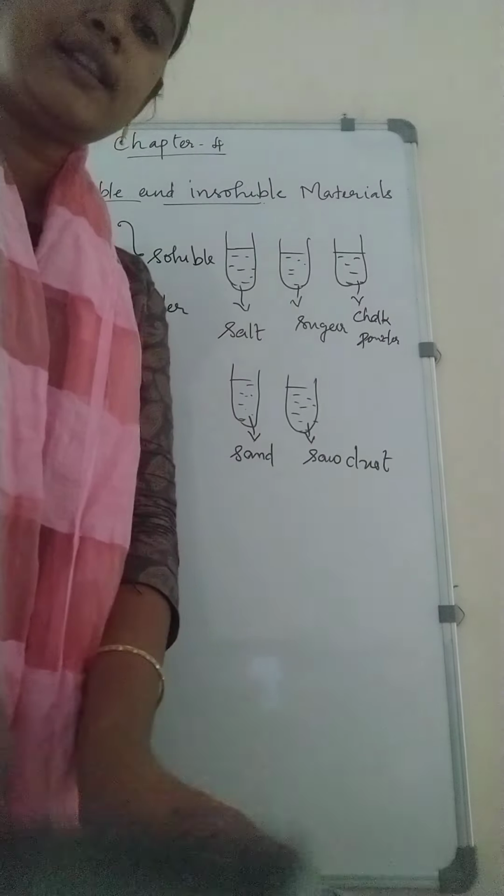After stirring, if you keep the beaker for a few minutes, you can see the kerosene and the oil separated out from the water. That means they do not disappear in water. So not only solids, some liquid substances are also insoluble in water.